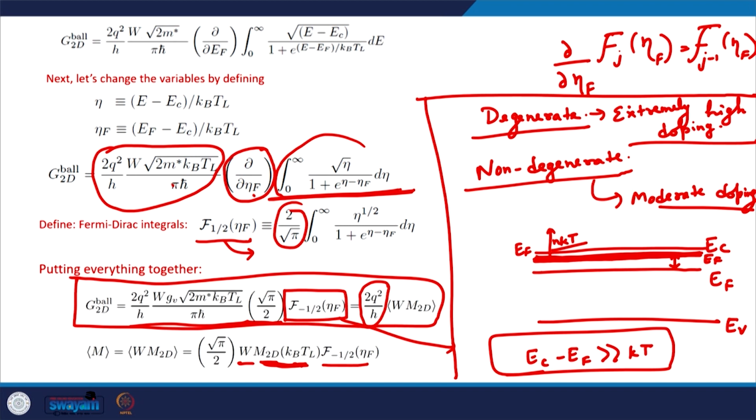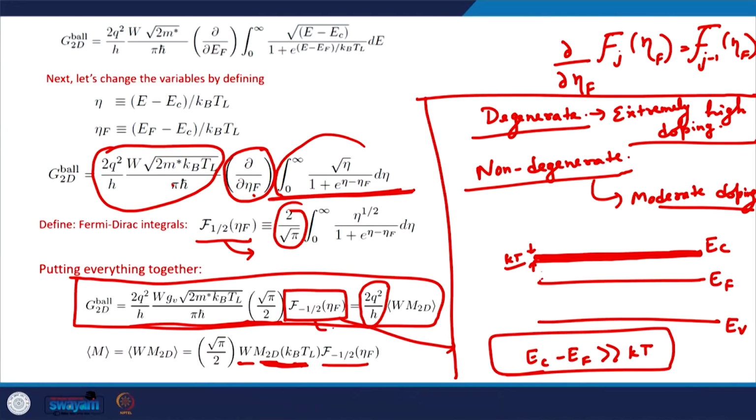But in the case of non-degenerate semiconductors, the electrons in the conduction band are not too many. Electrons are only there in a small range of energy values, around 1 or 2 kT. So just above the bottom of the conduction band, only up to 1 or 2 kT energy values, the charge carriers are there in the non-degenerate semiconductor cases.